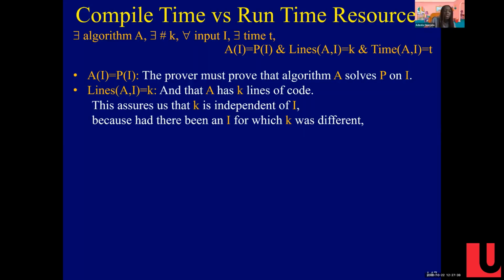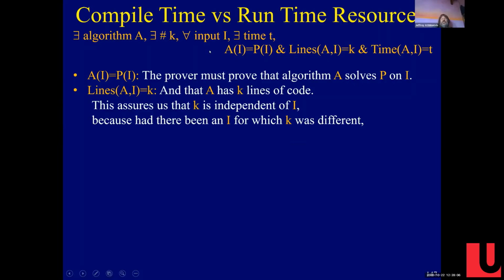Sorry, could you repeat that again? All right. I want to say, everybody knows that the number of lines of code in your algorithm doesn't depend on the input, right? You printed the code out. Now it's on paper, right? So the number of lines of code is not going to change. And how is that represented here, right? It's represented by the prover who wants to make it true.